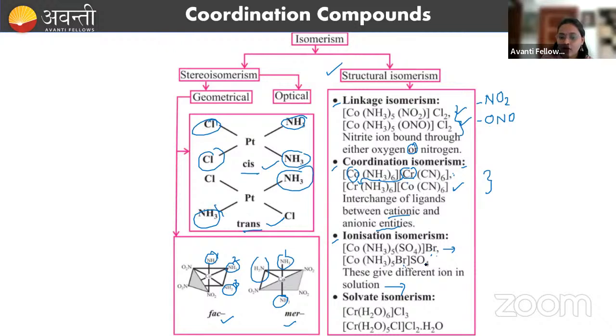Those which are outside of the coordination sphere undergo ionization, and that's why these two complexes are ionization isomers of each other, because in solution they give different ions.